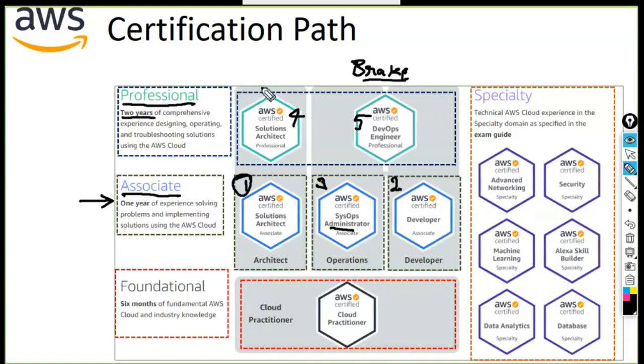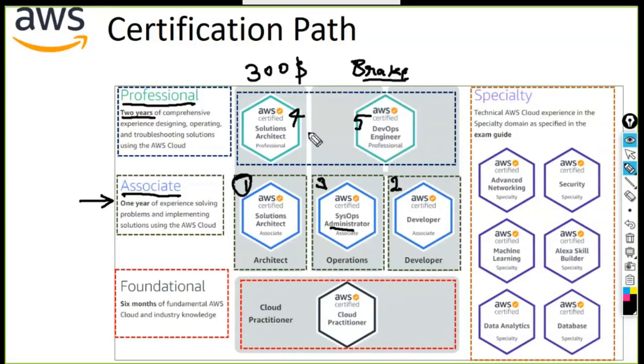They are more complicated, we cannot clear the exam just like that, and moreover, these certifications cost $300. So we have to respect that investment. Ideally, we should have solid preparation on architect and DevOps before we attempt those exams. We still have a long way to go, but I'm just giving you an insight.